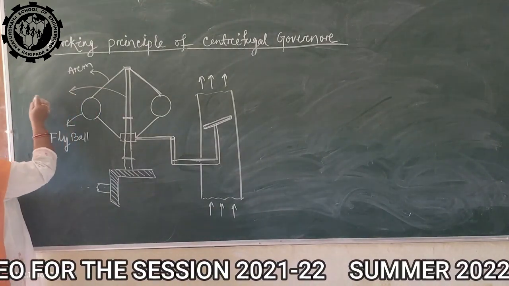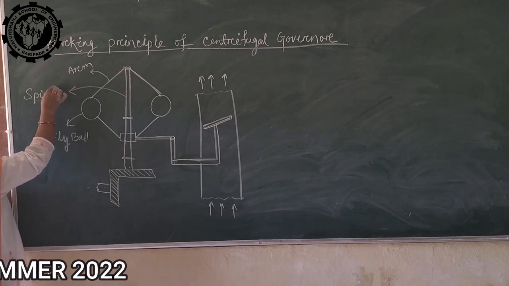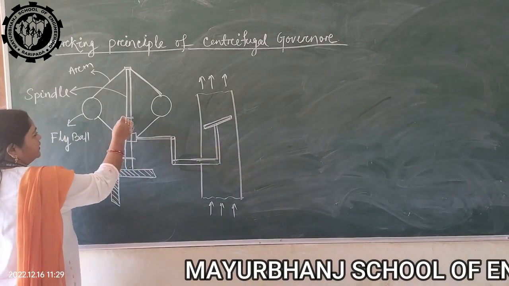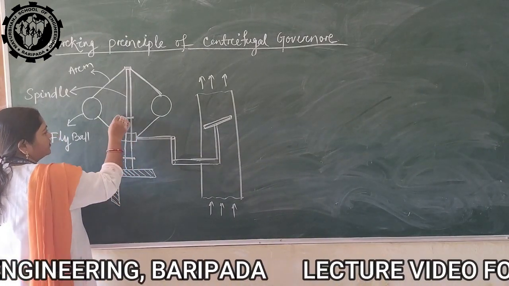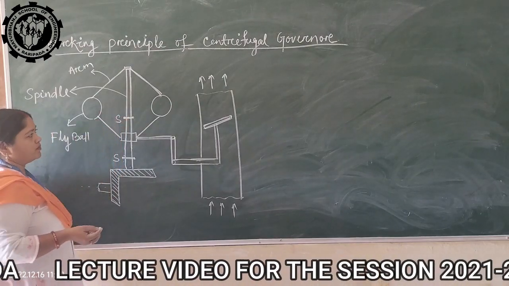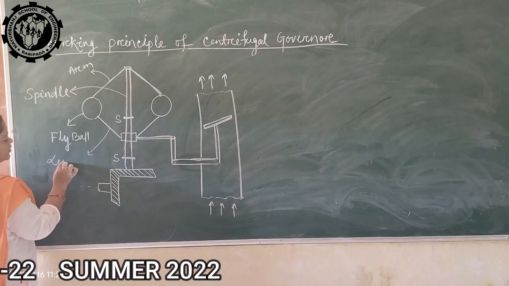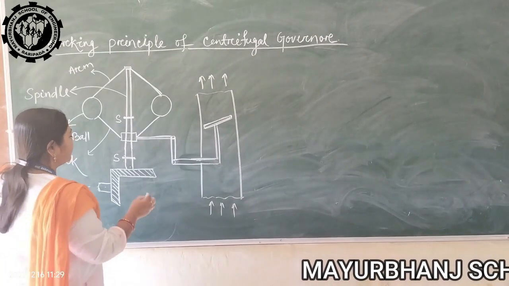This is known as the spindle, right? Okay. These two points are the two stops. This one is known as the link.